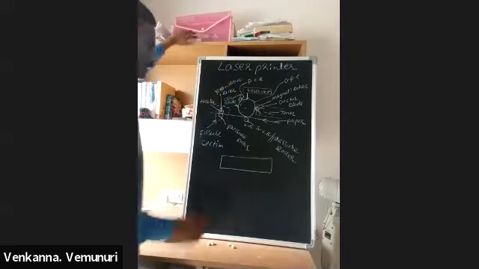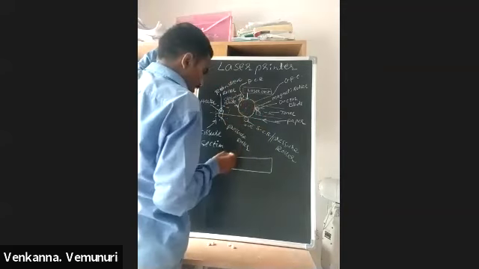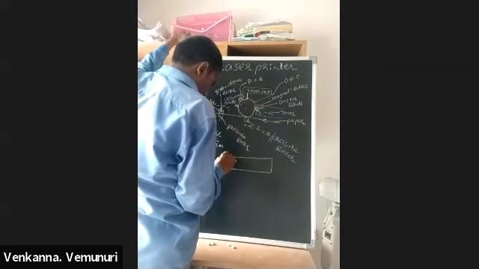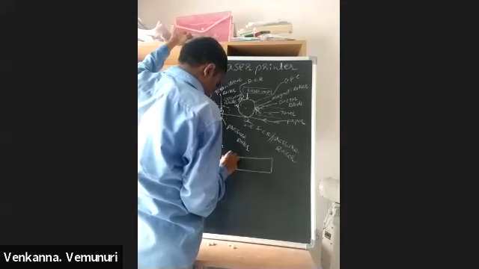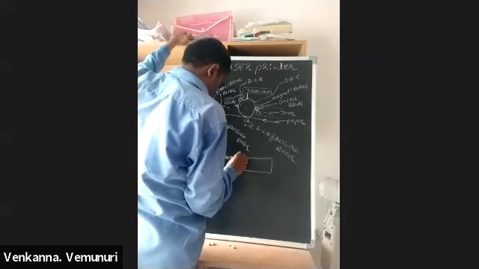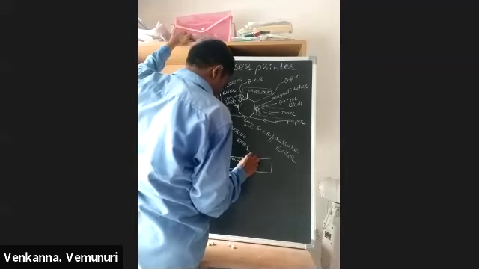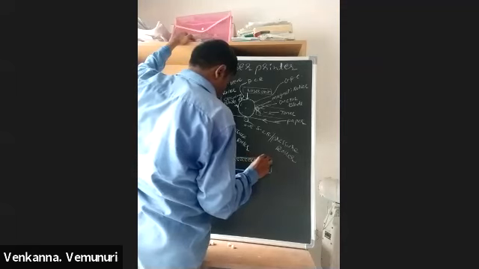Now here, this PCR will transfer negative charge on the OPC system. Negative charge means electrons. It is transferring electrons on the OPC system.